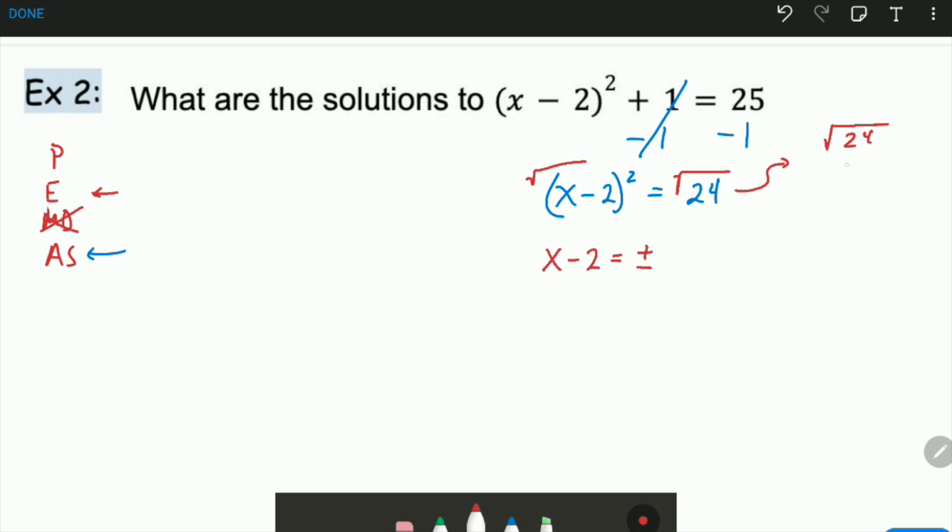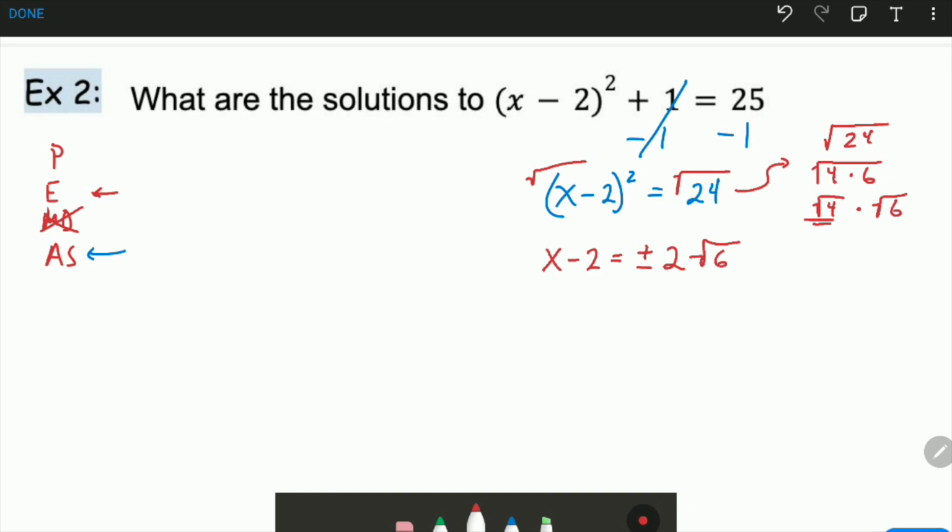So the biggest perfect square that goes into 24 is 4. It's 4 times 6. Just using radical properties, we can separate into radical 4 times radical 6, and the square root of 4 is 2. So we end up with 2 square roots of 6.